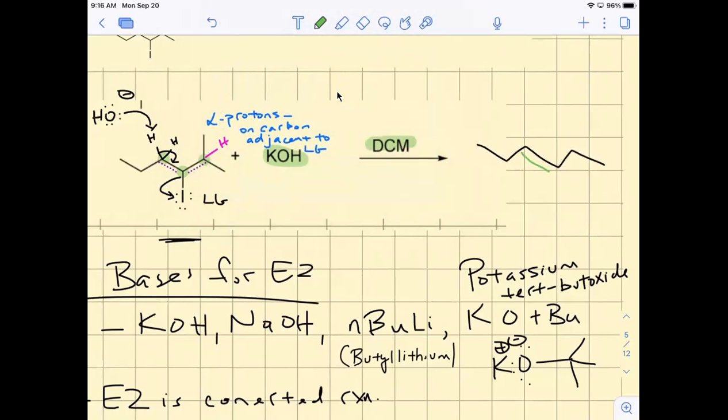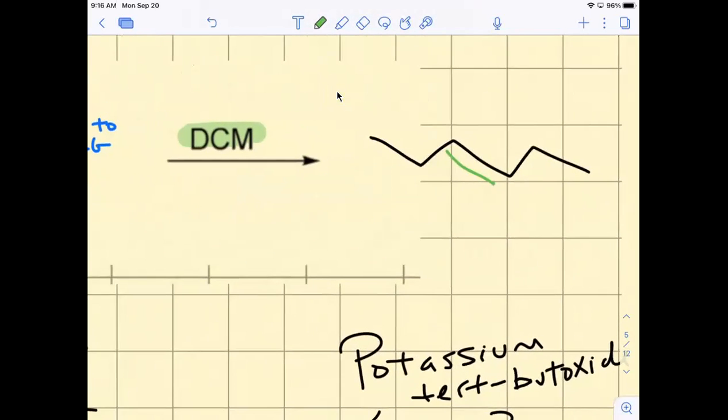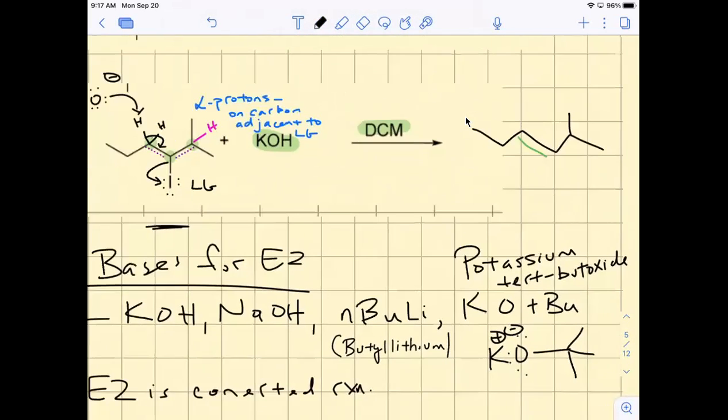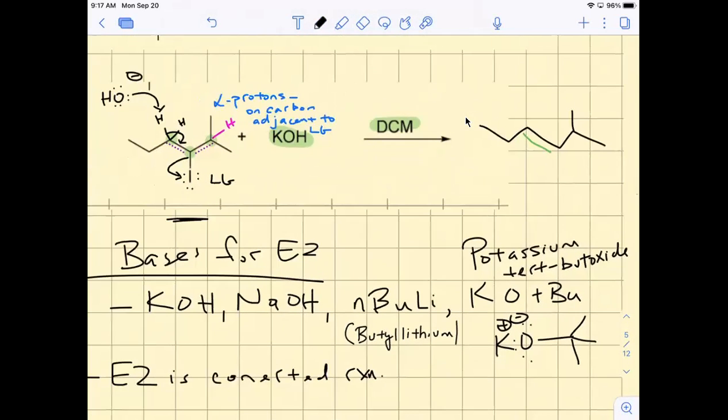And then this terminal carbon is still untouched. It's not going to make them both together, but they'll be formed on the same molecule, but not at the same exact time. So the other side will get deprotonated by a different molecule of hydroxide.